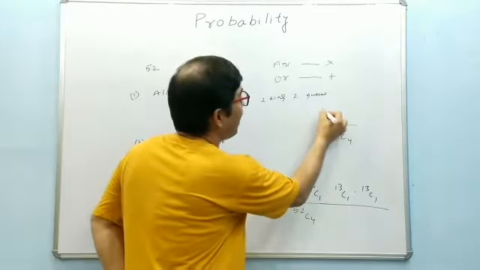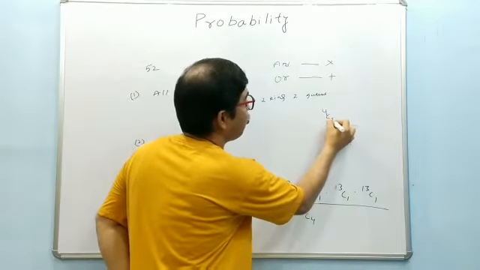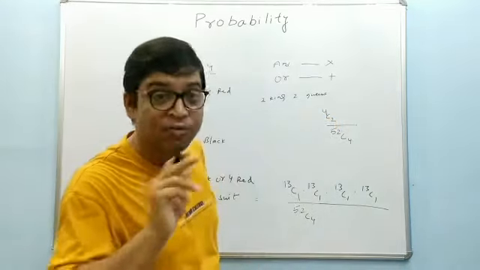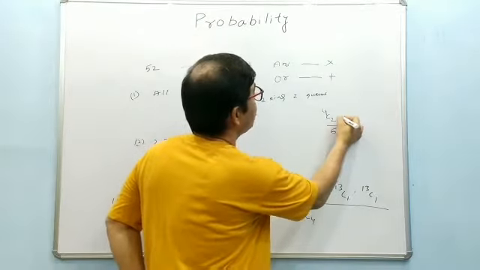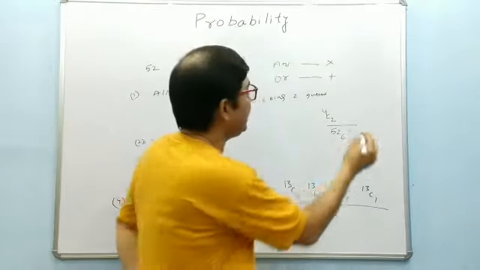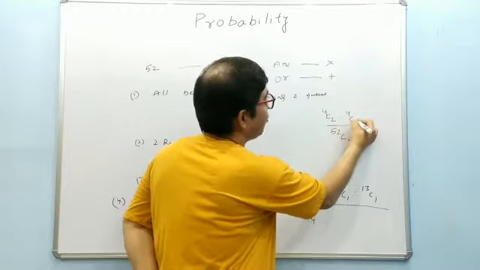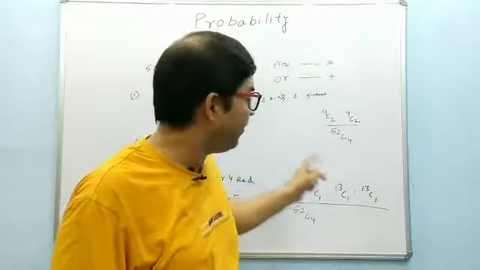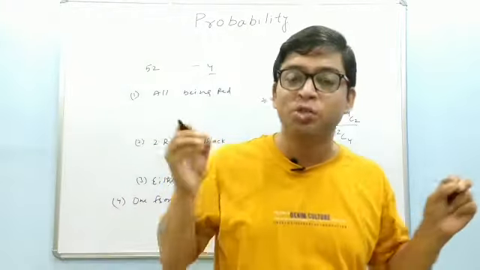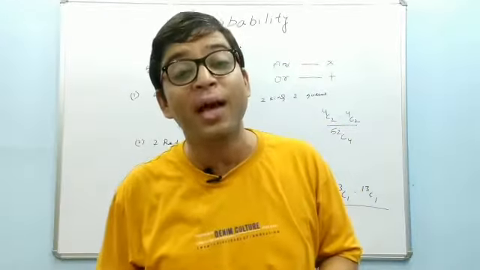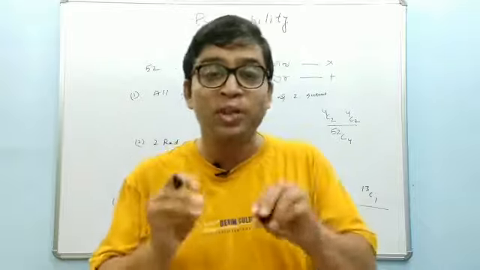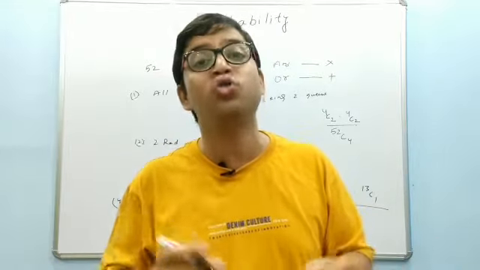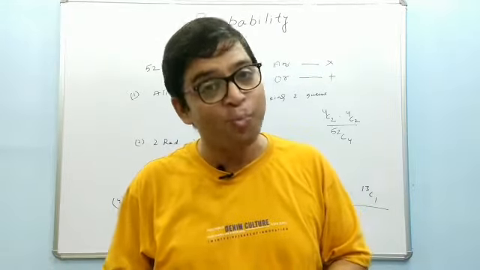Out of that 4 kings I have to select 2 kings, and the work is not complete, so into 4 queens are there, out of 4 queens I have to select 2 queens. So that is the required probability. By means of this question I tried to clarify how to put the into sign and how to put the plus sign. Hope you are understanding.